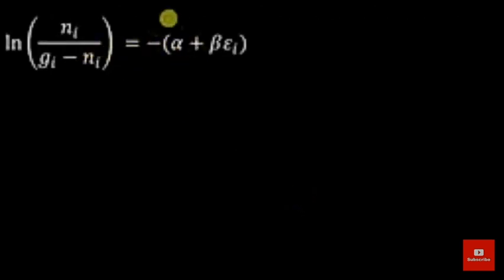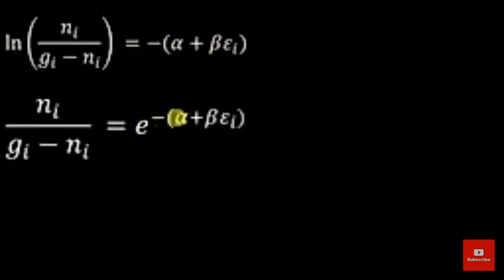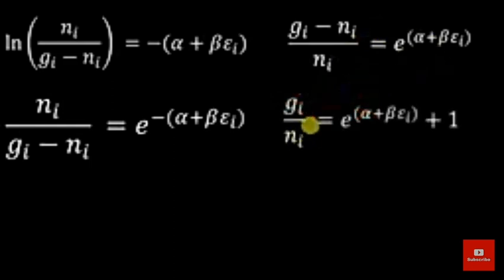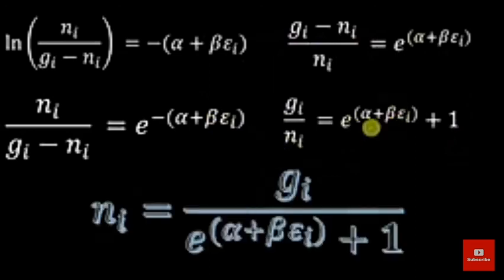Now just some rearrangement: taking alpha plus beta ei on the other side with a minus and taking the log, this will become e raised to minus (alpha plus beta ei). So we have this (gi minus ni) on the numerator. Now we write this as gi divided by ni minus ni divided by ni. So these two cancel, we have this minus 1 in here, and we take the minus sign to the other side. So we have gi divided by ni equal to e raised to the power (alpha plus beta ei) plus 1. Now we have this thing in here.